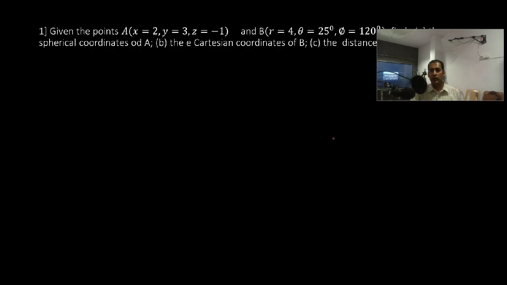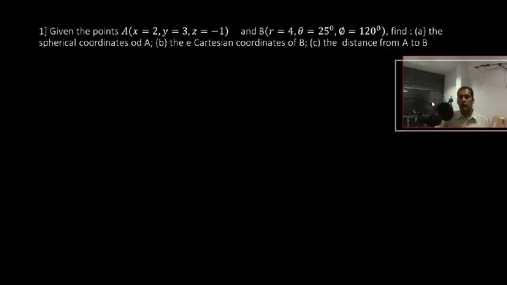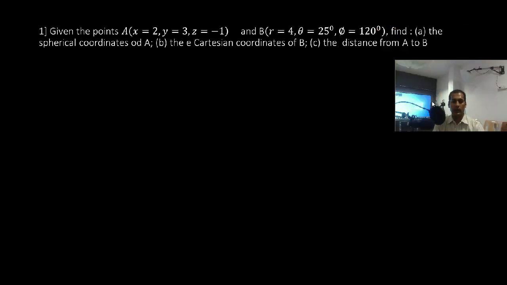Now let us see one example. Here we have one example where two vectors are given. Vector A: x is equal to 2, y is equal to 3 and z is equal to -1, and B is, say, R equal to 4, theta is equal to 25 degrees and phi is equal to 120.